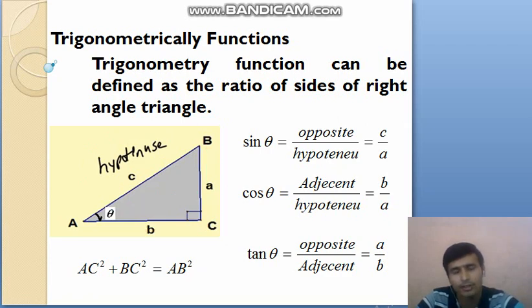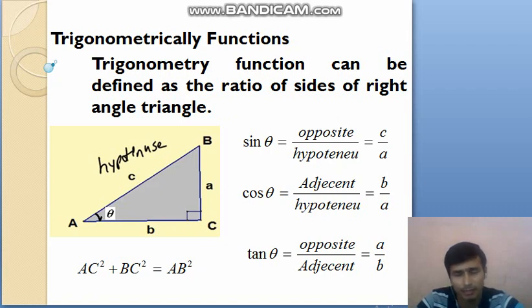Pythagoras derived a relation between all three sides of the right angle triangle. The sum of the squares of the two adjacent sides of a right angle triangle is equal to the square of the hypotenuse. This statement is called the Pythagoras theorem.